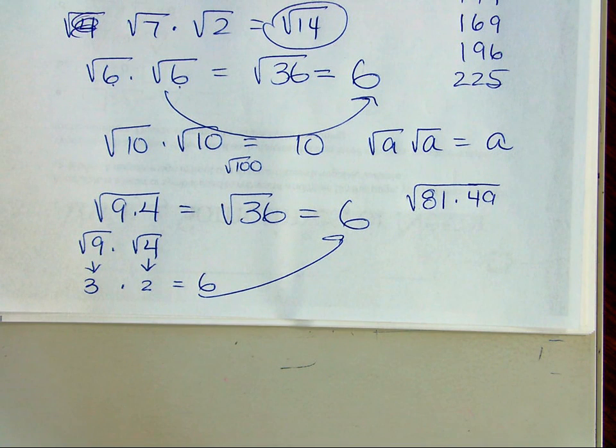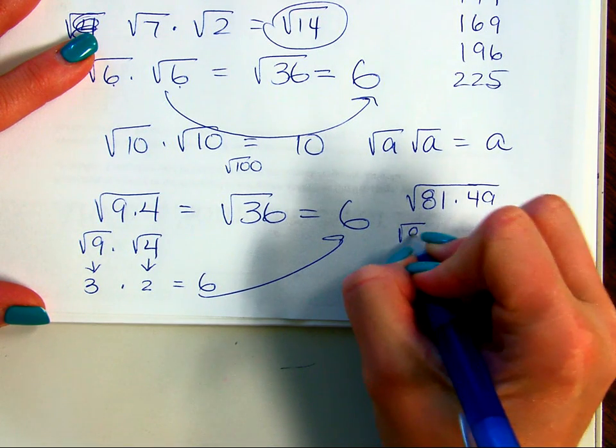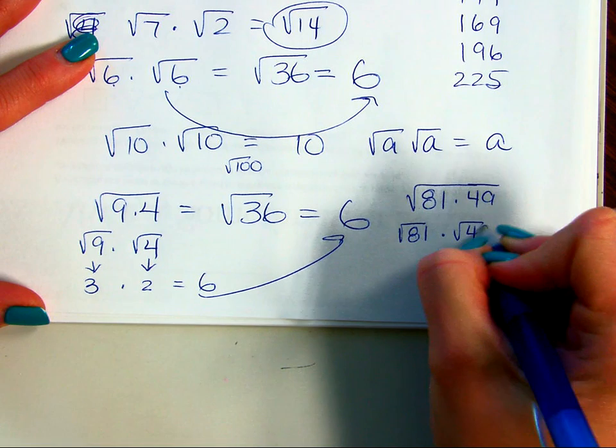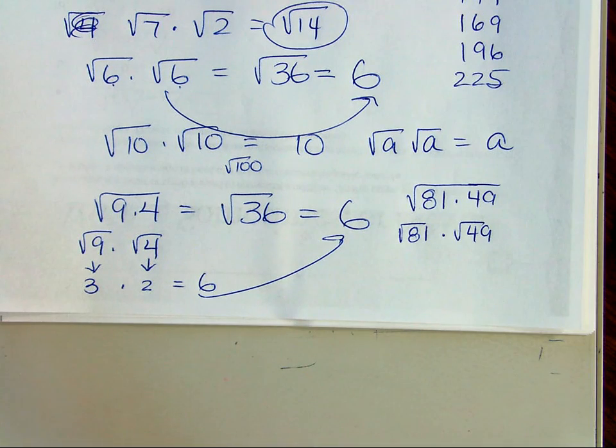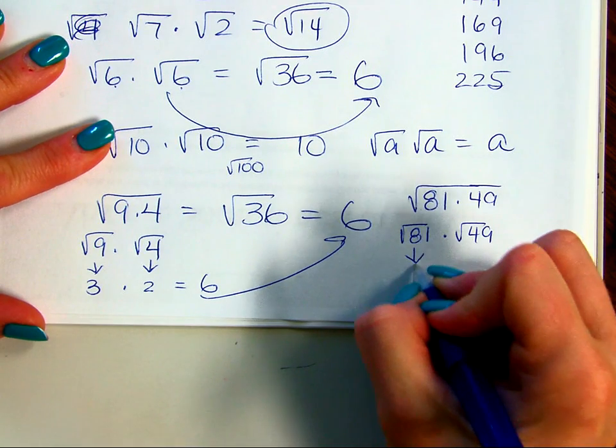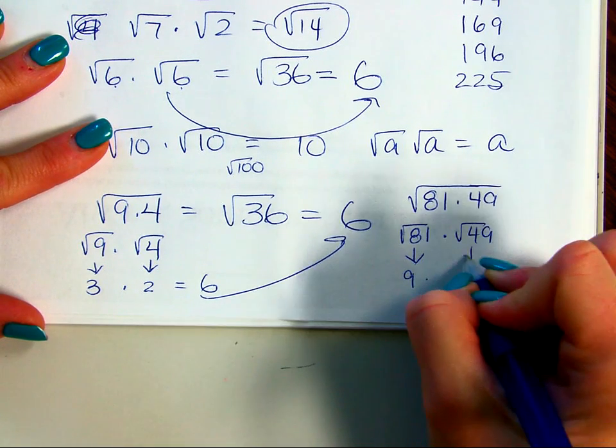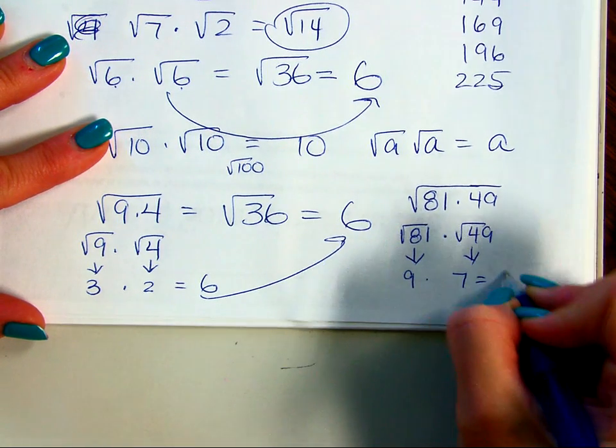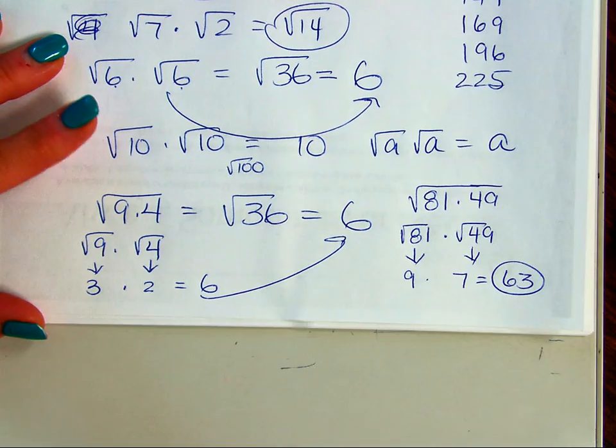If you want to multiply 81 times 49 and then find the square root of that big number, you go right ahead. But for me, I'm going to separate them, find the square root of them separately, then multiply those square roots. The square root of 81 is 9, and the square root of 49 is 7, so the answer to this is 63.